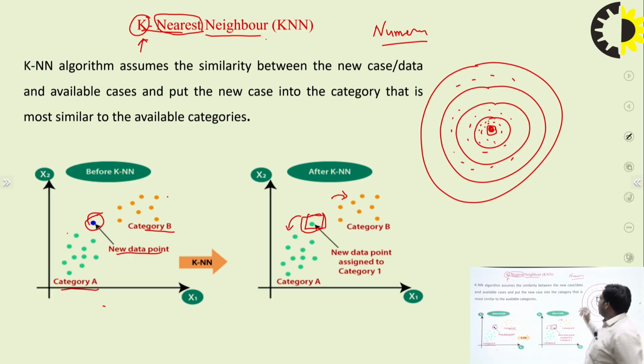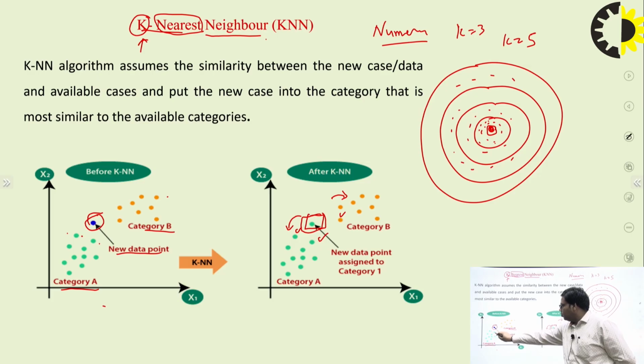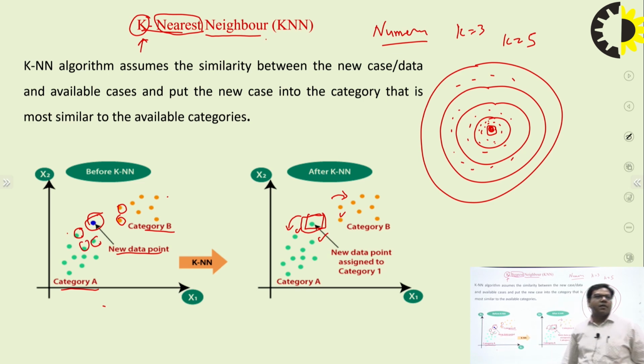So if k is equal to 3, we will have to identify the nearby 3: nearby 1 is this, 2 is this, and 3 is this. If k is equal to 5, we will have to identify the 5 nearest points: 1, 2, 3, 4, and 5. So this is the whole idea of k nearest.